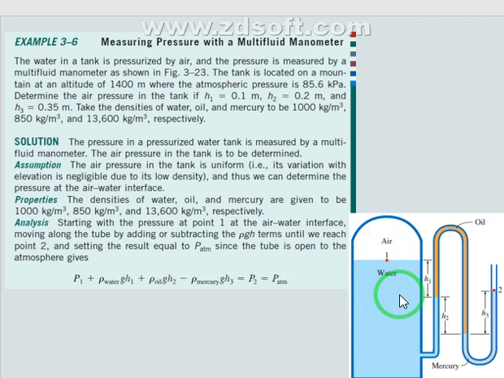I care only about the level difference between the water here and the following liquid, which is oil. So if the level is less than the original level, as you see here, I need to use positive rho g h.